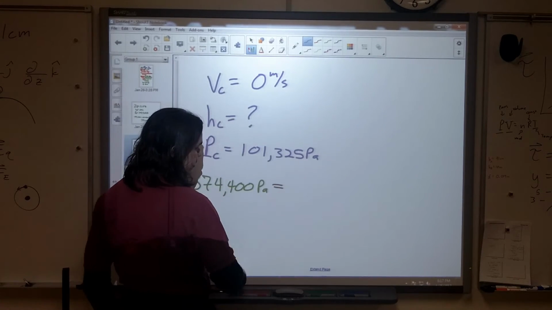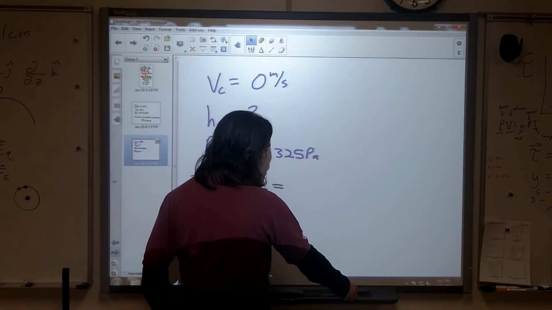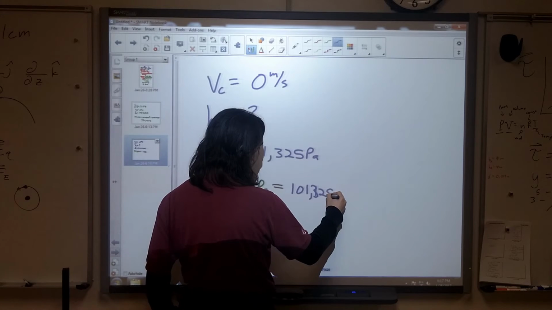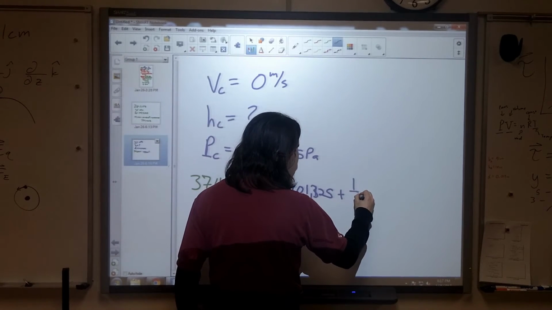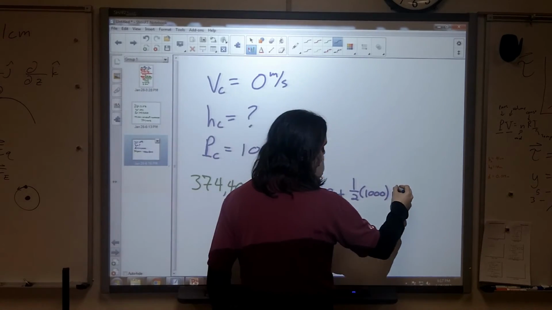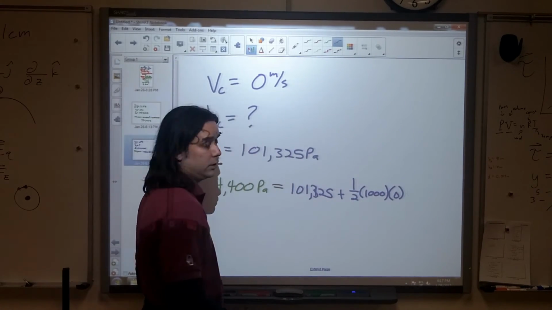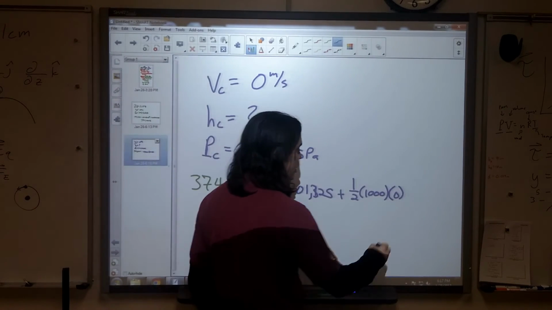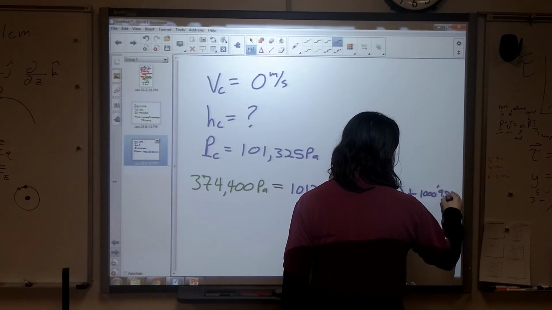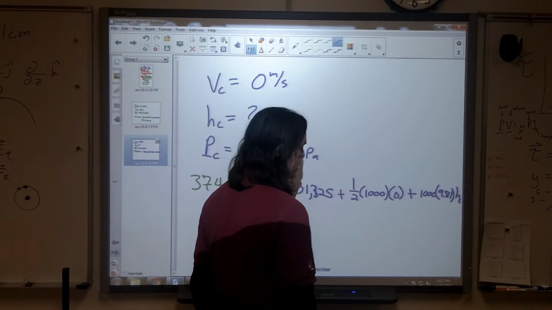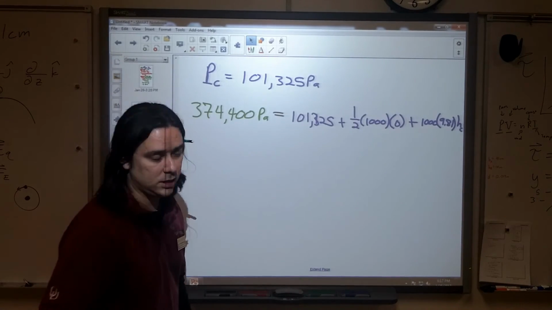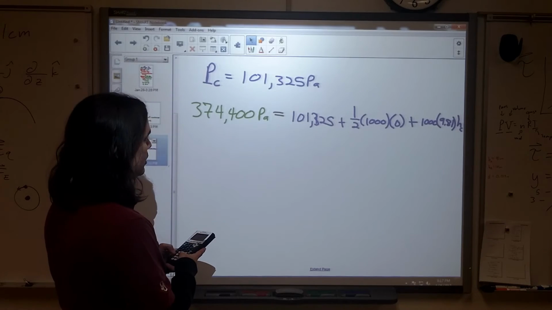And we now want that to come from a supply from the water tower, which has a fluid pressure of 101,325, plus 1/2 times 1,000 times, again, the water level is probably not doing a lot of moving in the water tower, so 0, plus 1,000 times 9.81 times HC, the thing we are actually looking for. We can now go through and solve for HC. Let's go ahead and do that.